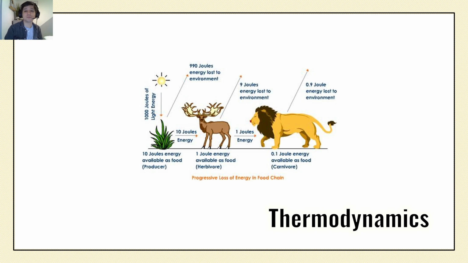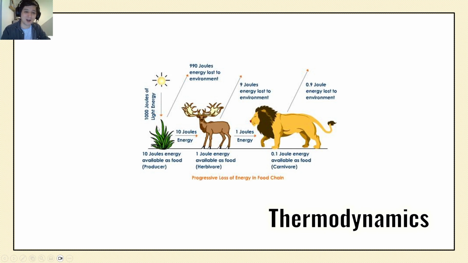So as entropy increases, we lose more and more energy. So each step, as energy spreads out, we're losing more and more to heat into the atmosphere. So let me explain what I mean. I might be losing you.